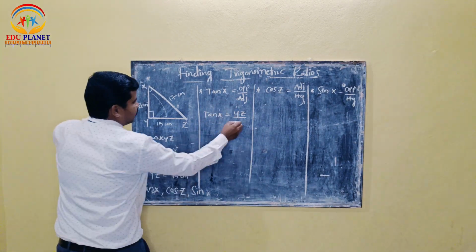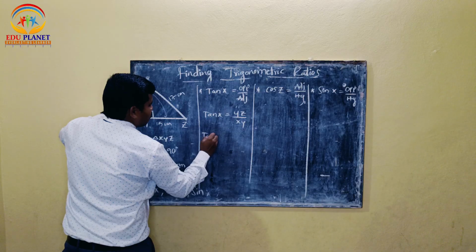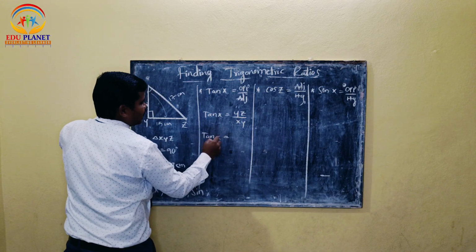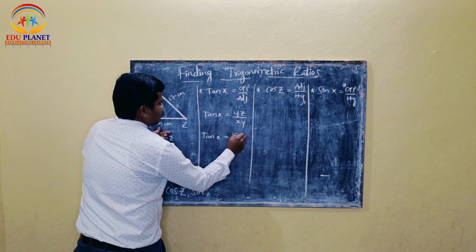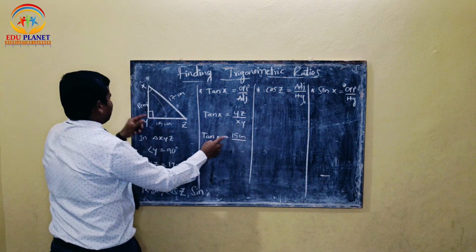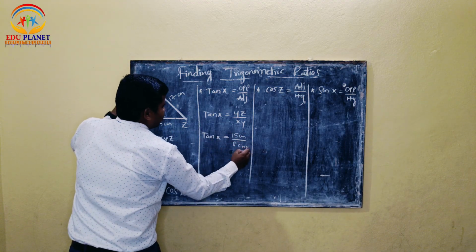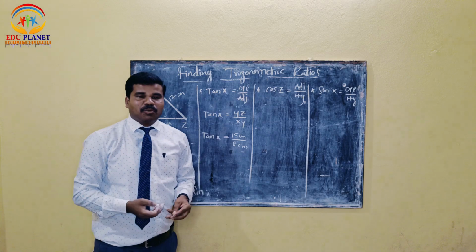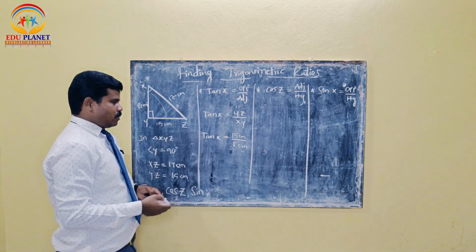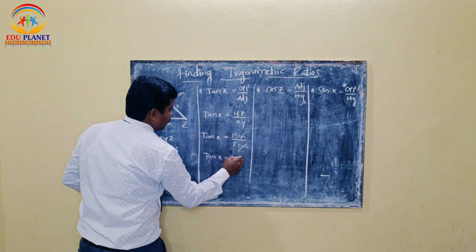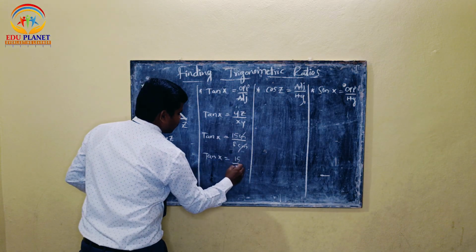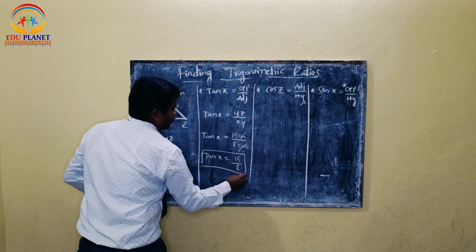Adjacent is XY. Therefore, tan X equals YZ by XY. YZ value 15 cm by XY value 8 cm. Centimeter can be cancelled. Finally, tan X equals 15 by 8.